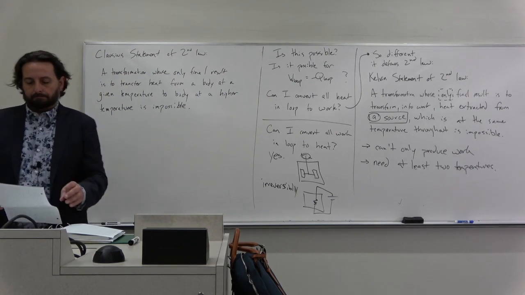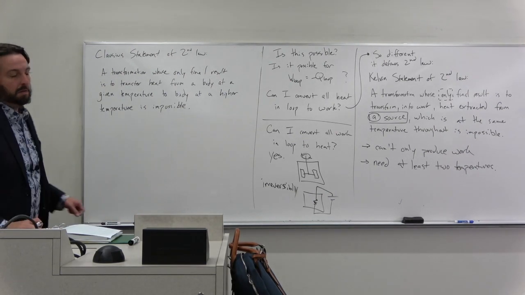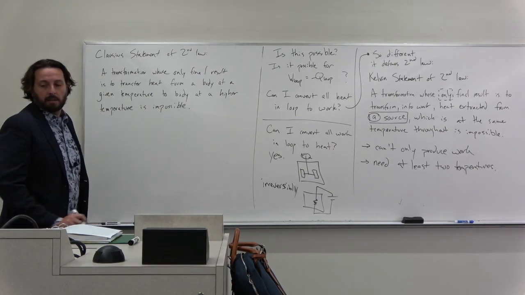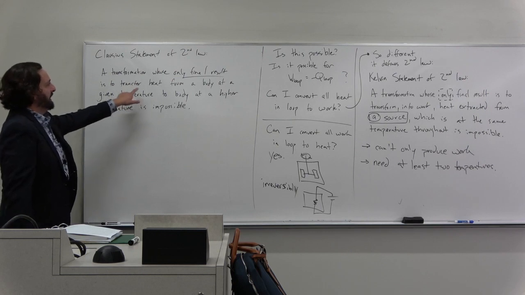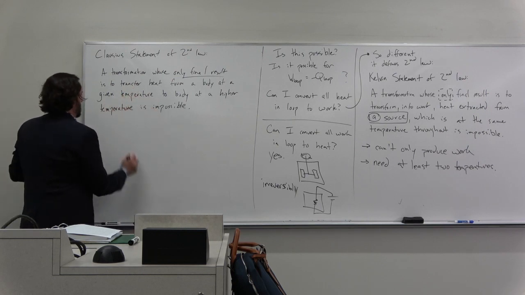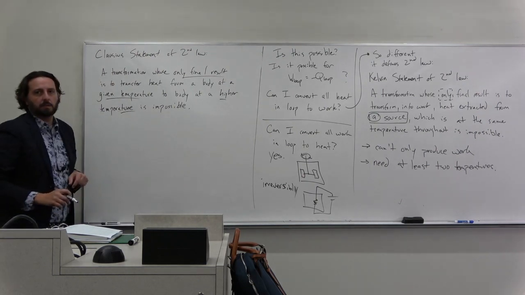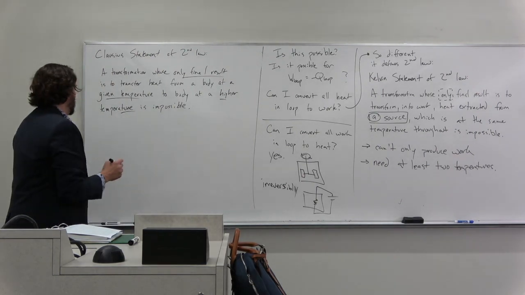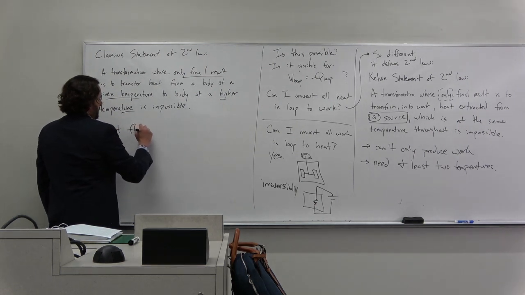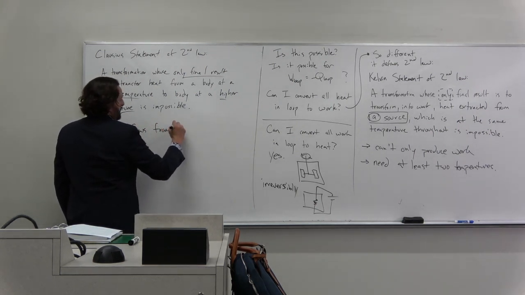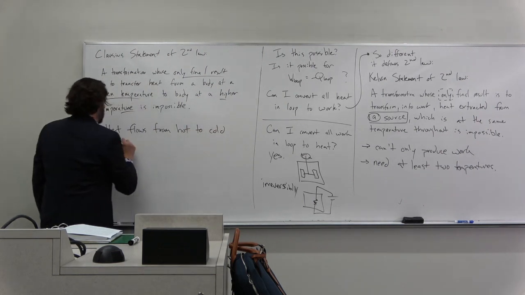Okay. That is, if the only final result is to transfer heat from a body at a lower temperature to a higher temperature, it is impossible. Well, that makes sense. We already know that heat flows from hot to cold spontaneously.